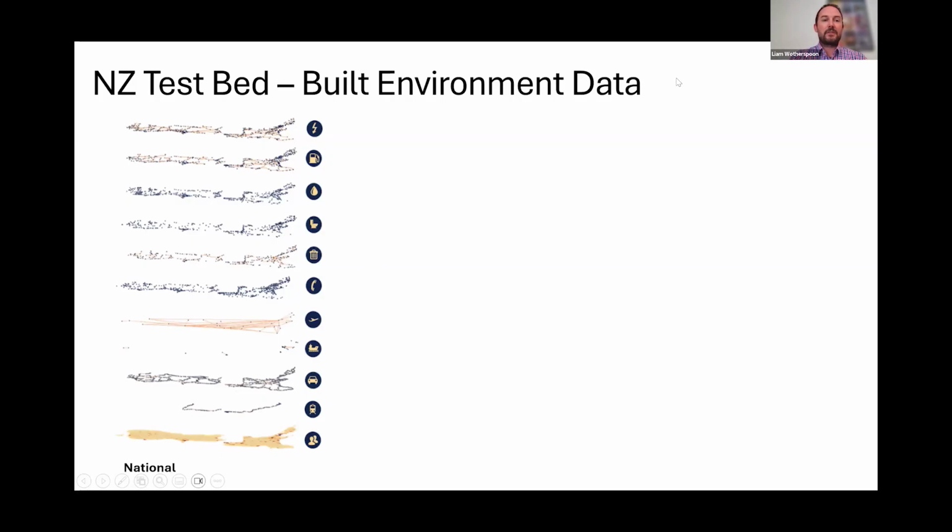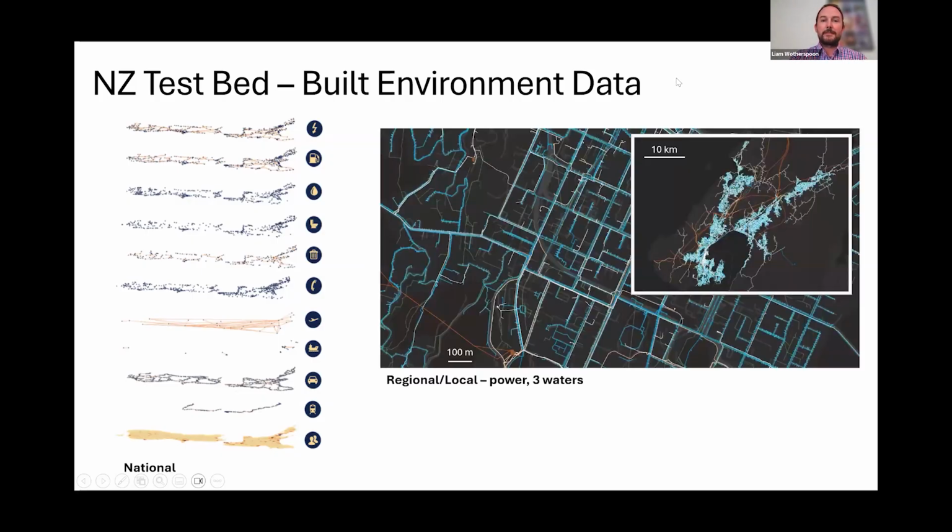So at the national scale, that allows us to explore things, and then we can focus in a very zoomed in way, depending on the application, to some of the regional and local scale. So this is the Wellington region I mentioned before, and this is a focused area on the central business district of Wellington.